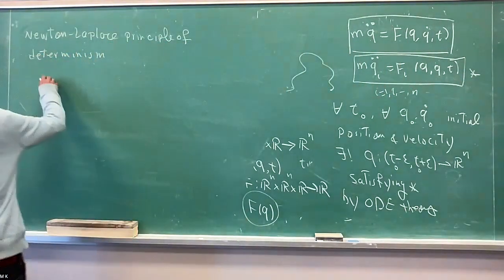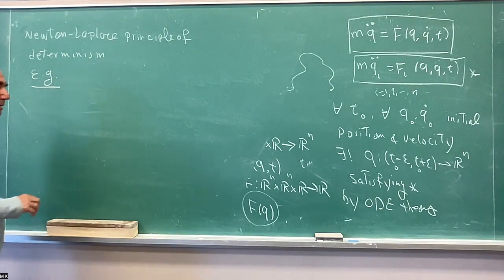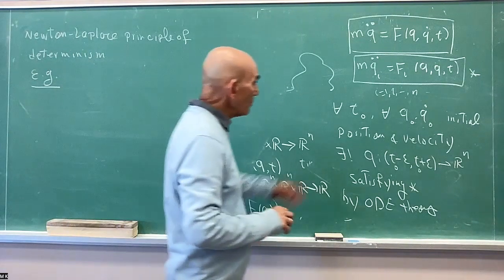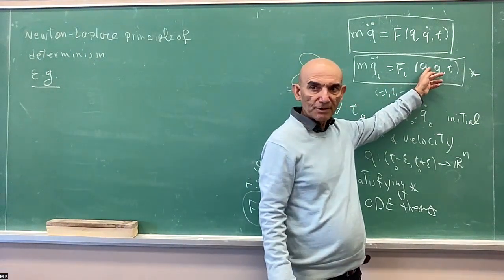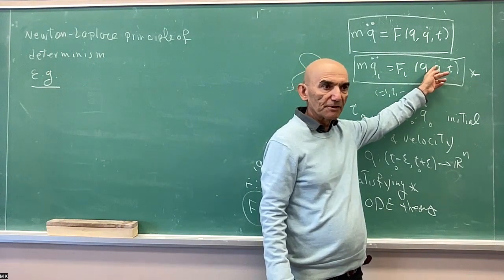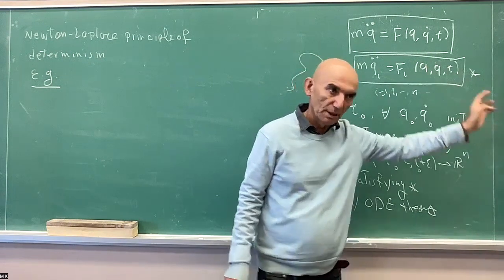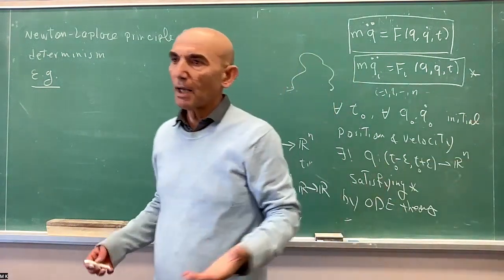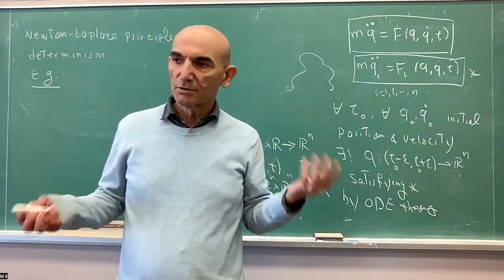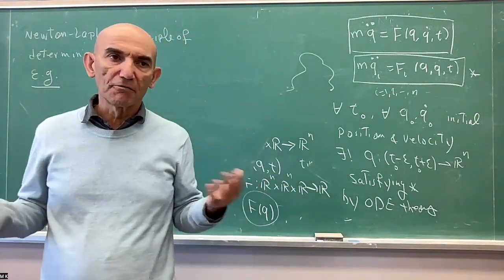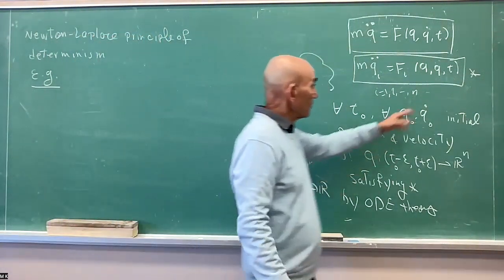So let me give you a simple example. I wrote it in the most general form, but usually we just have q again. I just emphasize, we don't deal with friction, we don't deal with time dependence. It's just position. That's what perhaps we learned in physics 101, thinking of Newton's equations as such, but it's definitely in q dot.